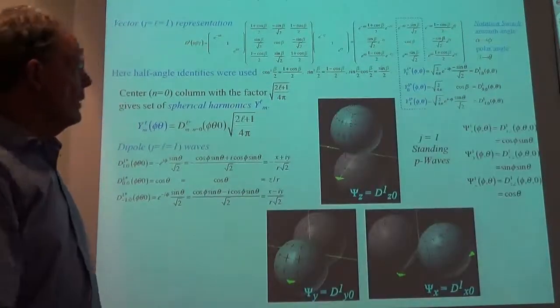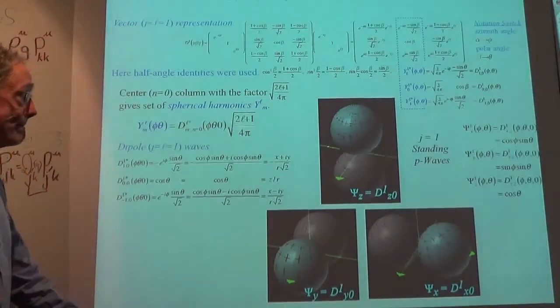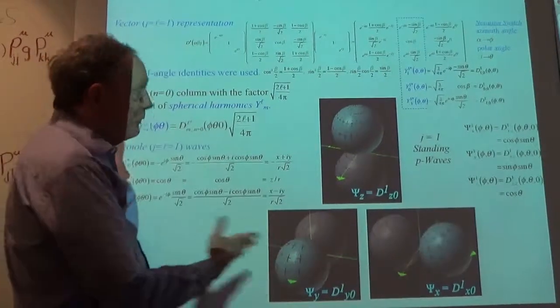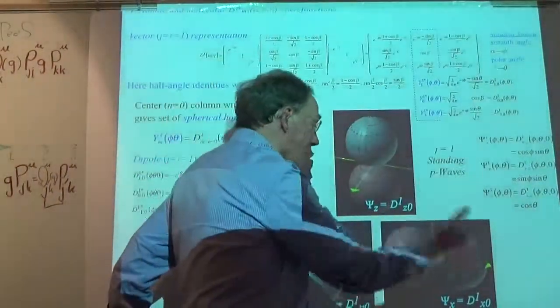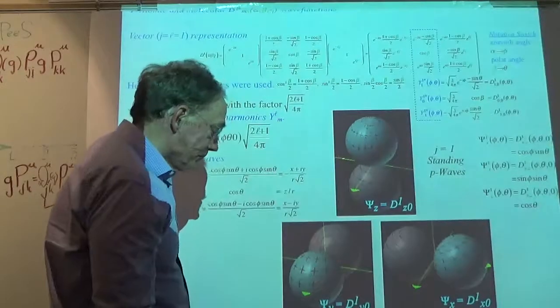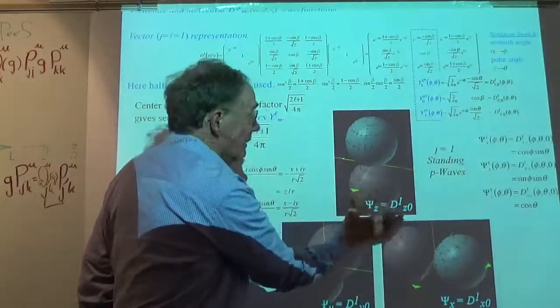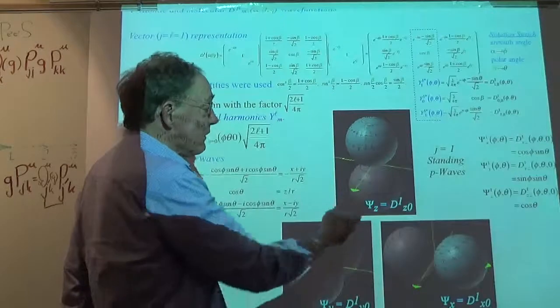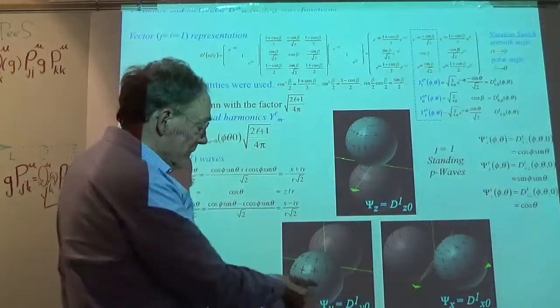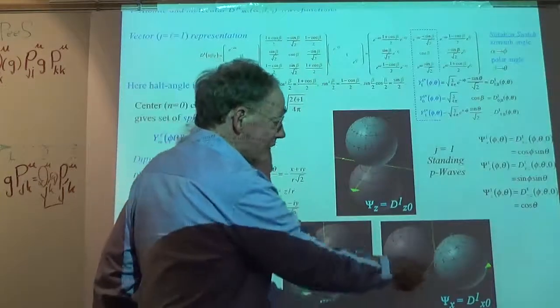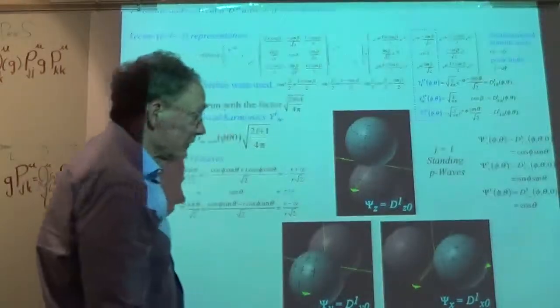Okay, anyway, here's pictures of them. This is the real P standing waves, X, Y, and Z. There's Z, two spheres sitting on top of each other, one with a negative phase, the other with a positive phase, then something doing the same thing on the y-axis and something doing that on the x-axis.